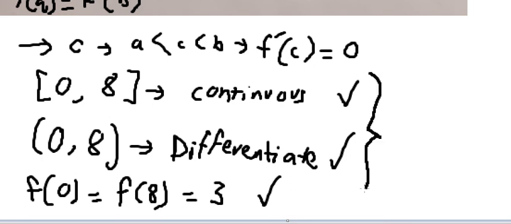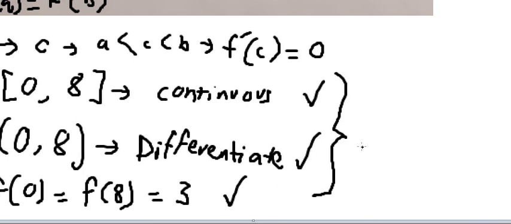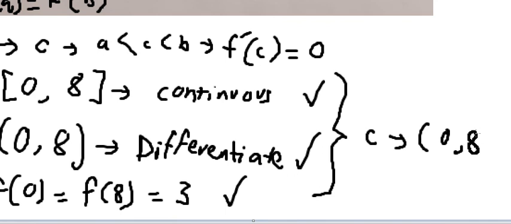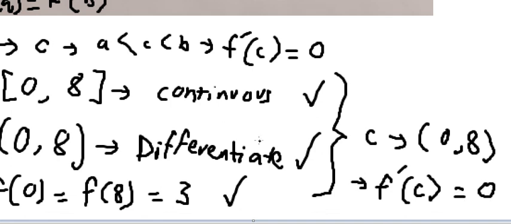That means we will have a value of c on the open interval from 0 to a. They will have the first derivative of the function at c equal to number 0.